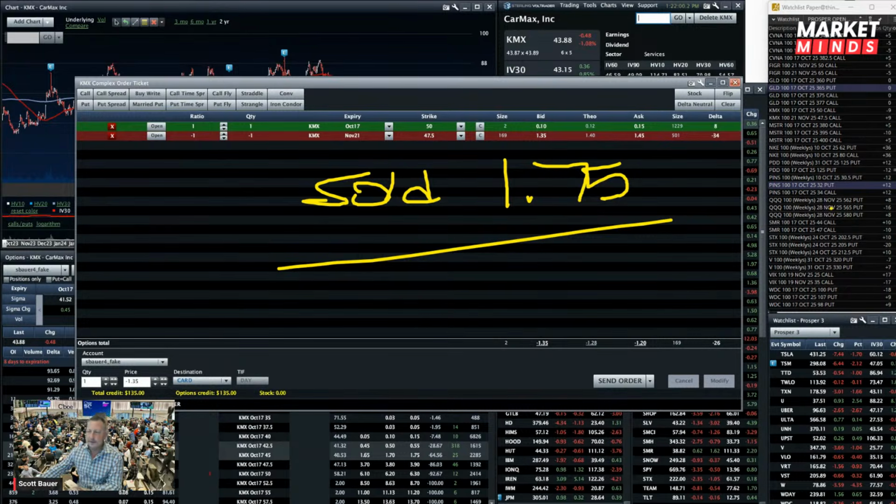Because what happens, and this is why a trade like this, your clearing firm, your brokerage firm would just charge you an inordinate amount of margin on this because of the risk. What happens if we get to October expiration and our 50 call that we own, which we believe is protection against the 47 and a half that we sold, expires?